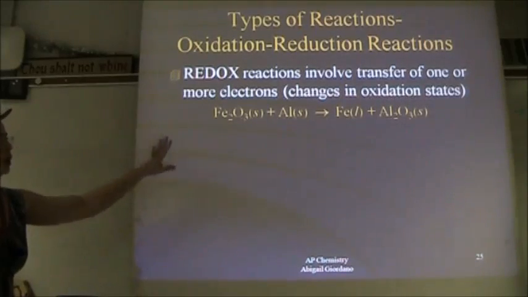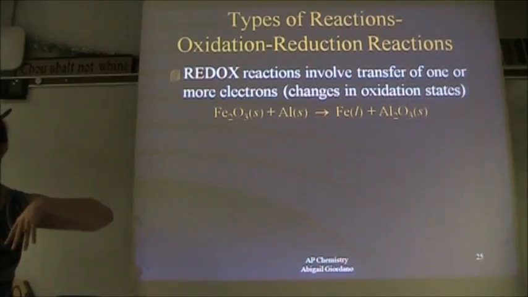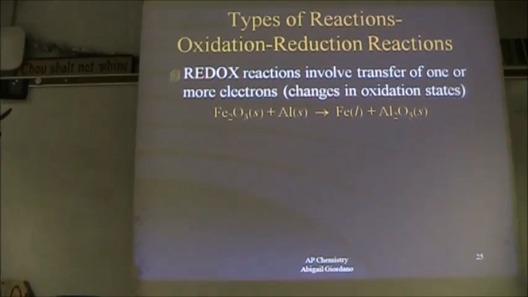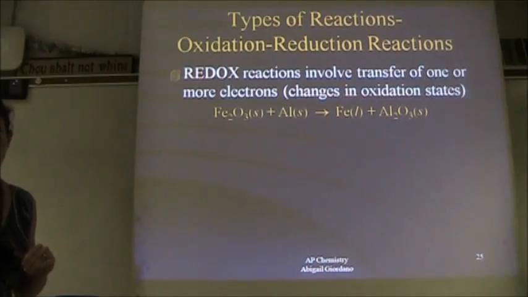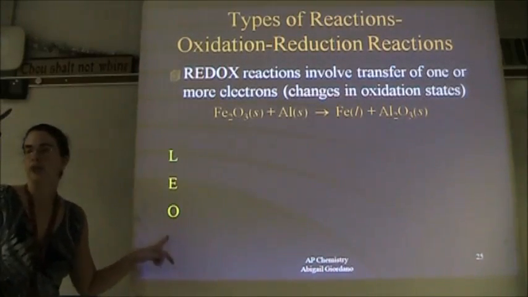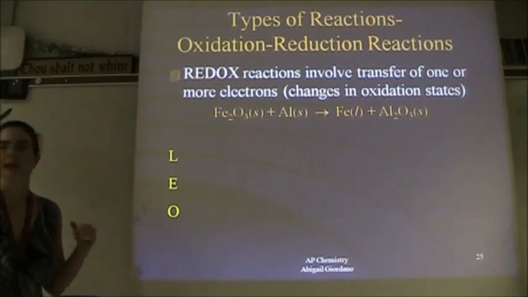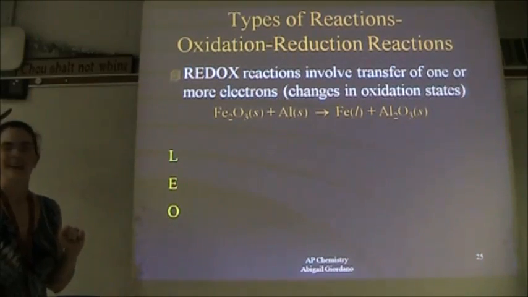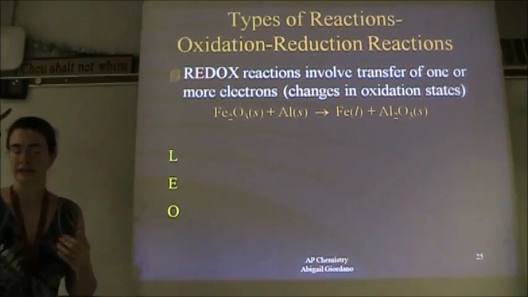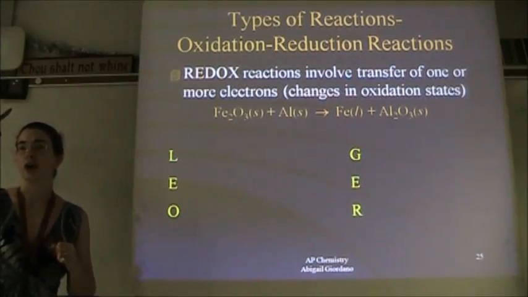We're going to look at an example in just a second. I have a little memory trick for remembering what does oxidation mean, what does reduction mean. All right, and here it is. It's a little silly. What animal do you think of when you see the word Leo? Lion, okay? Leo the lion says grr.